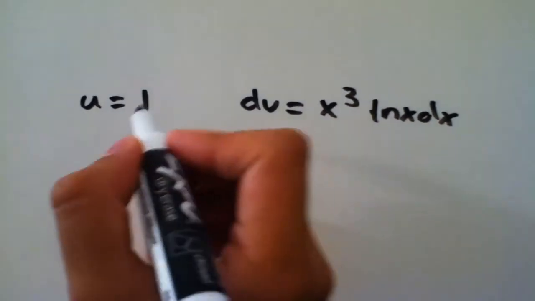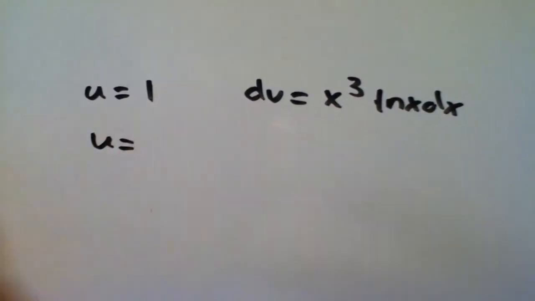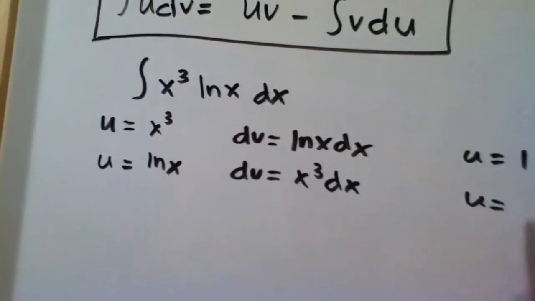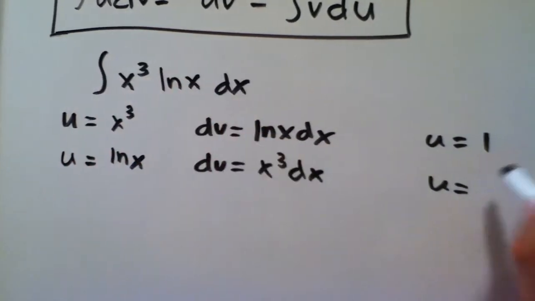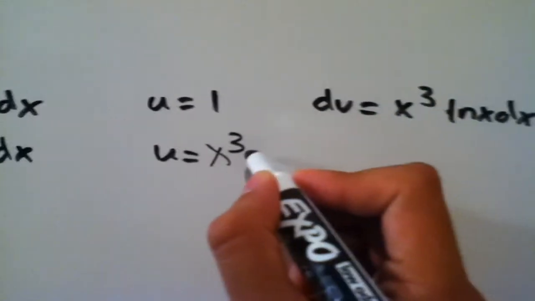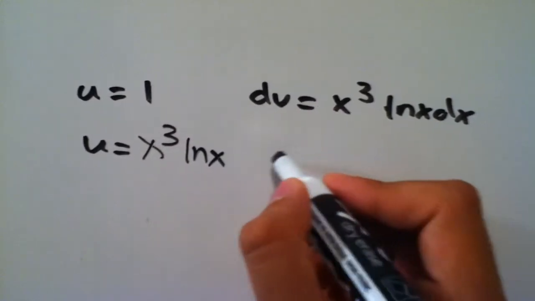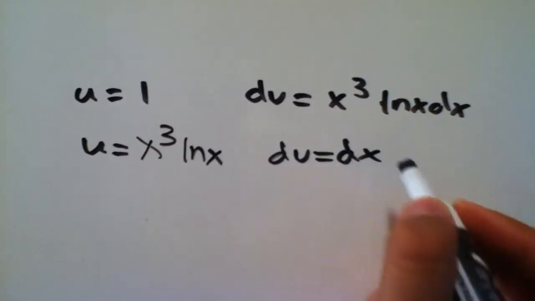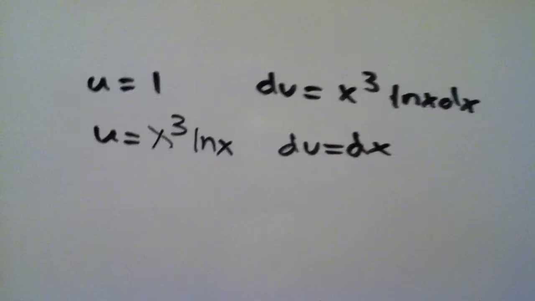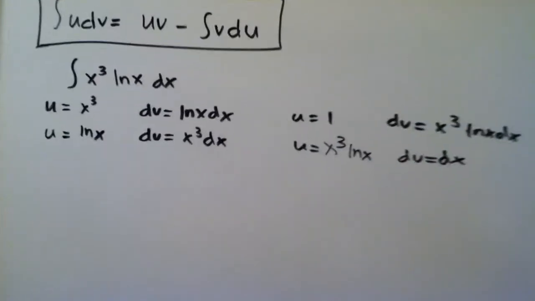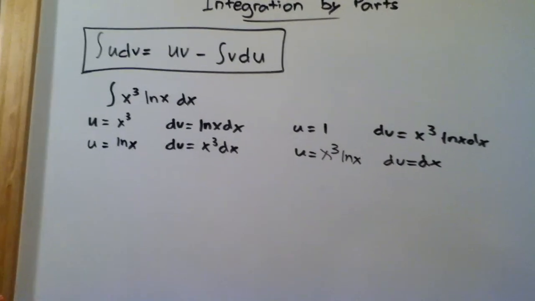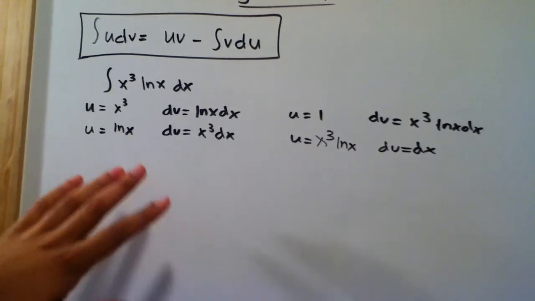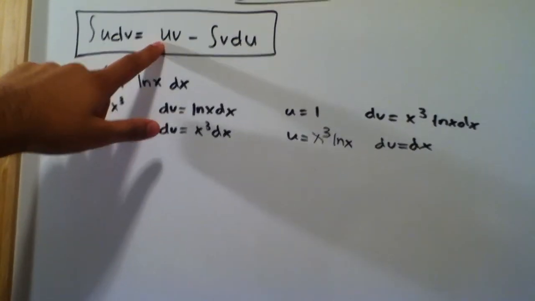Or u could be the whole first part, x cubed ln x, and dv is just equal to dx. So now when you have these four options, you want to pick the one that's simplest at the end to solve out with this formula.